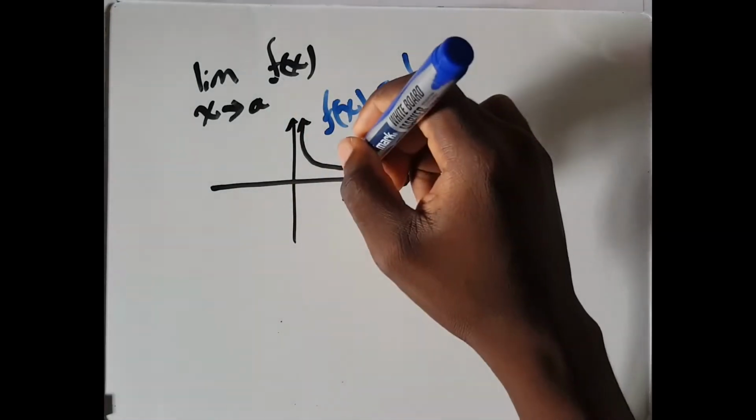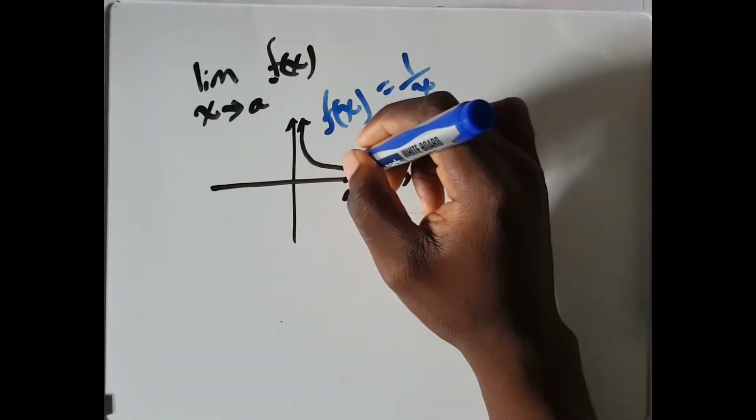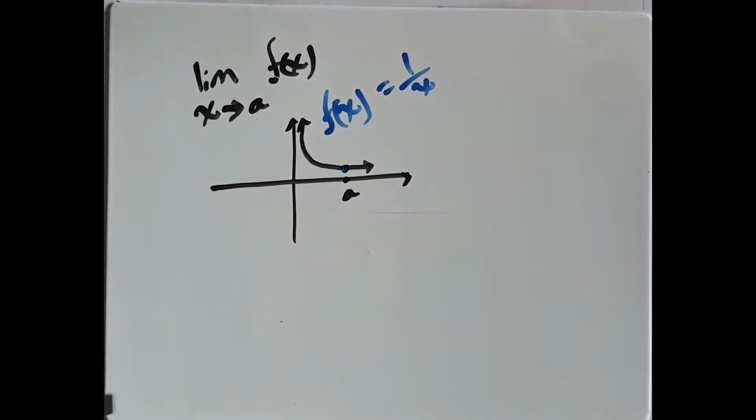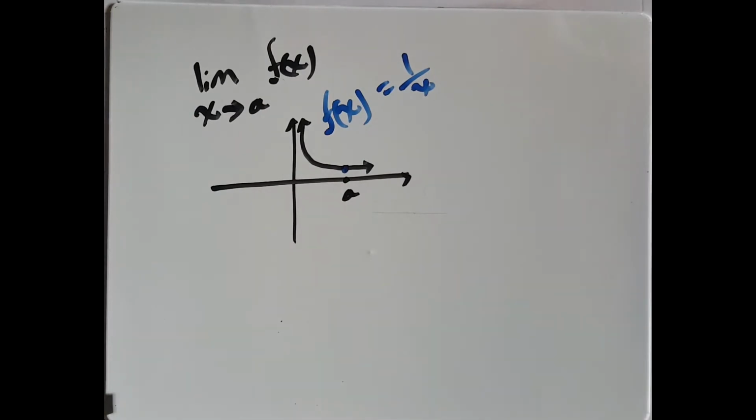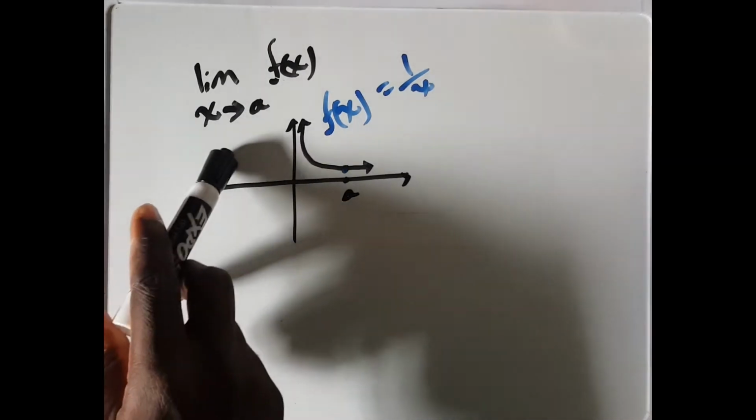The corresponding point to a on the function would be right here. So as my function approaches a, it never reaches a. That's why we say approaches, or some books or teachers would say tends to a.